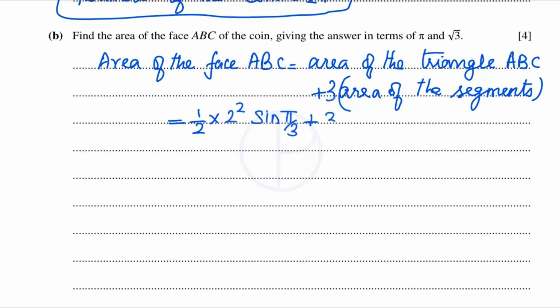Plus 3 times the area of the segment, which is nothing but the area of the sector minus the area of the triangle. The area of the sector is 1 over 2 multiplied by 2 squared multiplied by pi over 3, minus the area of the triangle, which is 1 over 2 multiplied by 2 squared multiplied by sine pi over 3.